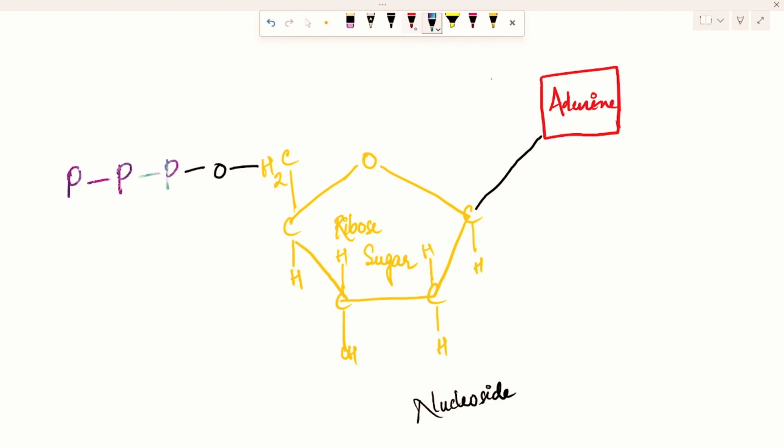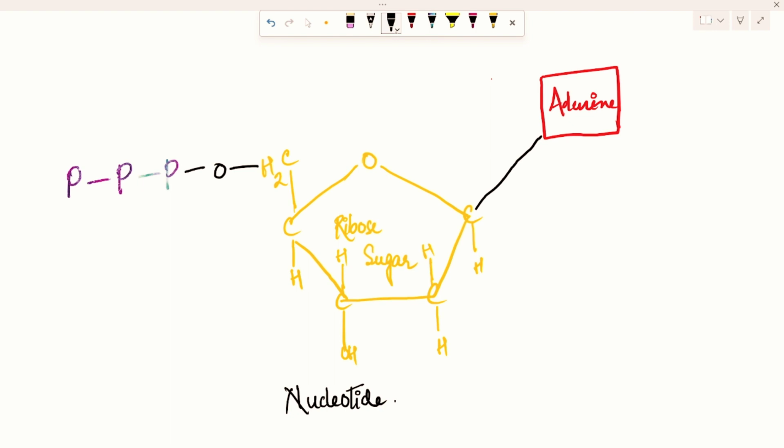Now, when these 3 phosphates attach to the C5 of the ribose sugar, we have a nucleotide and not a nucleoside. This is known as a nucleotide.